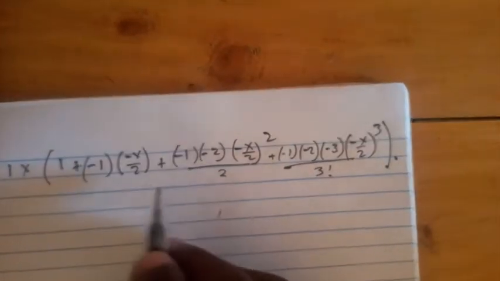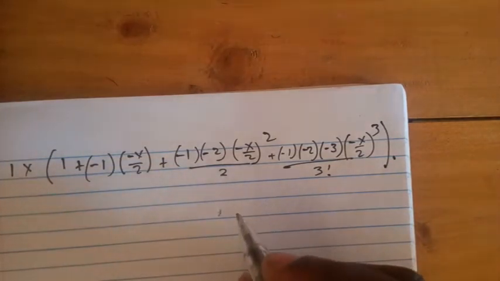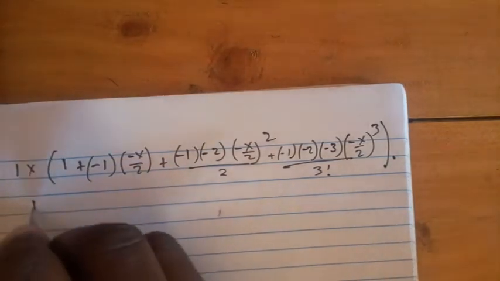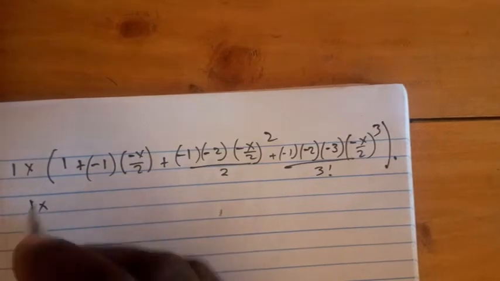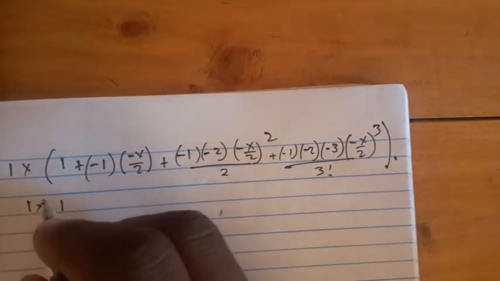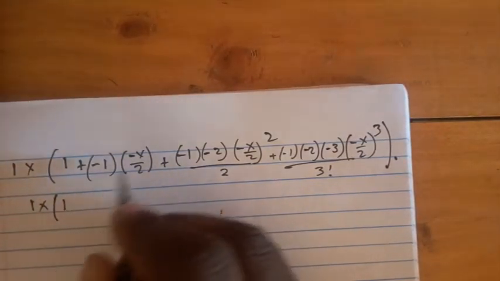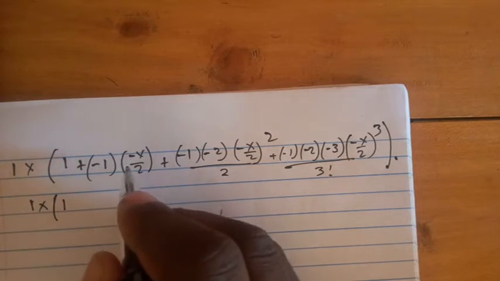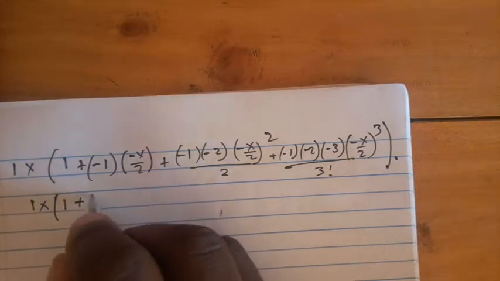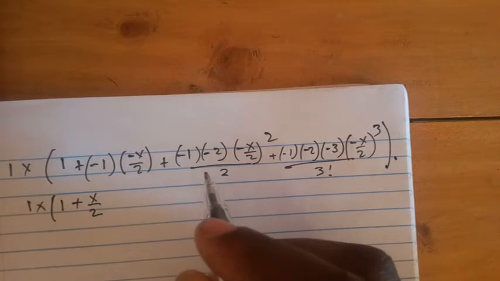So it's our duty now to simplify this and have it like 1 times 1. There is a 1 there. Of course, there is x over 2 here, plus x over 2 there.